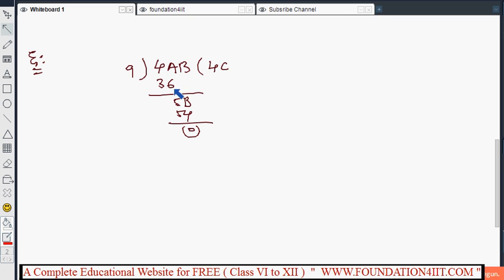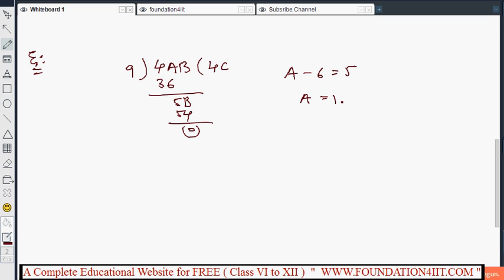Now A minus 6 should be 5 because of normal subtraction. Right? A minus 6 is equal to 5 means A should be 1. Now A is equal to 1.